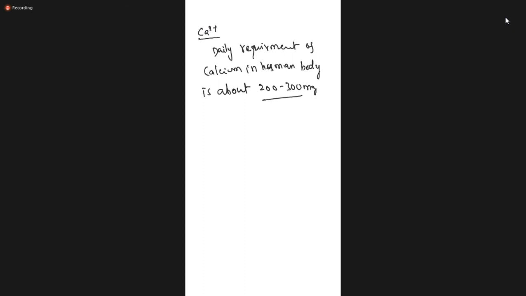Daily requirement of calcium for the human body is about 200 to 300 milligram.